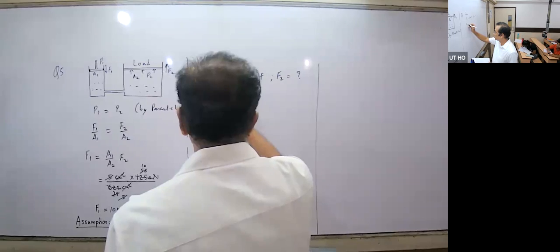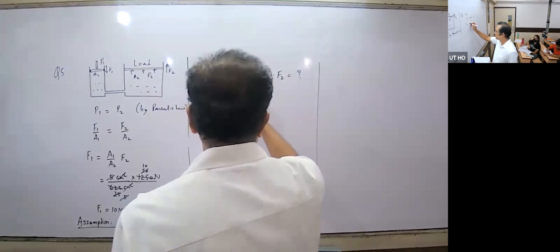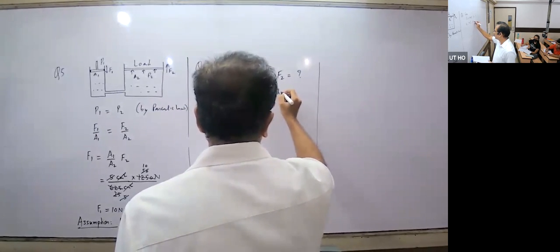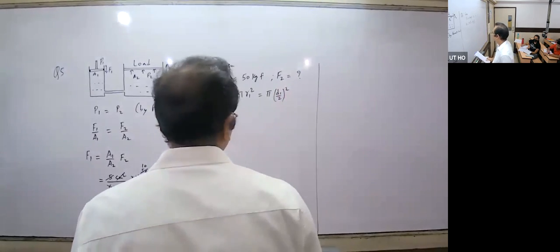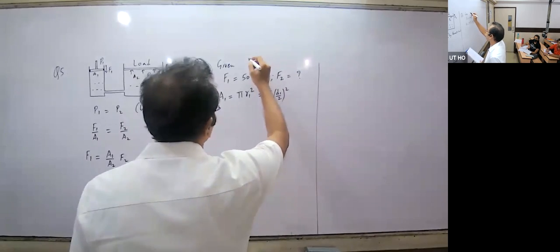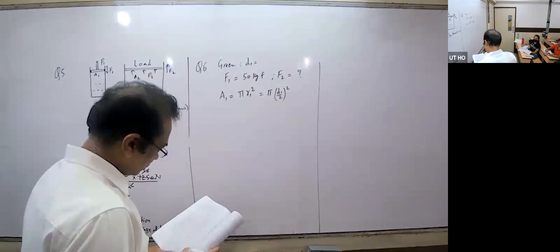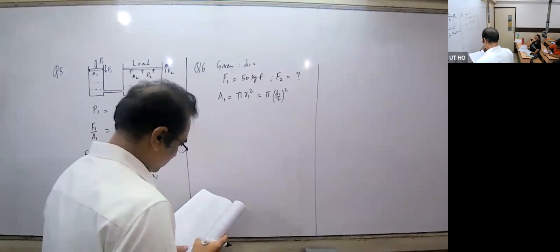Then A1 is equal to pi R1 square, right? Which is equal to pi times D1 upon 2 whole square. And D1 is given, D1 is equal to how much? 5 centimeters.